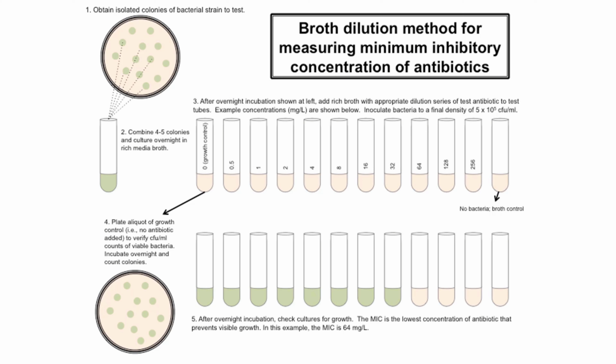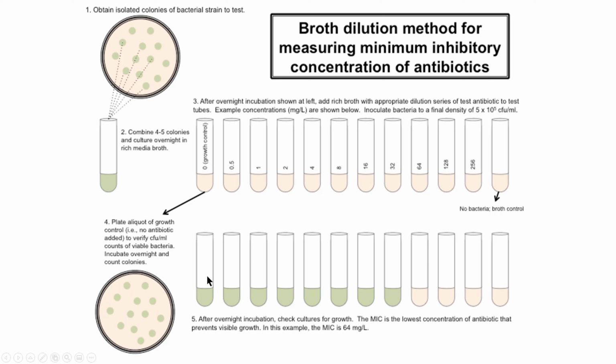Now these are sterile, so there are no bacteria in them, and what we do is put the antibiotic of choice that we are trying to test in these test tubes, and we increase the concentration of antibiotic in each test tube, doubling the dilution. Essentially one of them will not have any antibiotic, so the concentration would be 0, and then we double the concentration in each test tube, and then we inoculate these test tubes with the organism that we are trying to test, and we let it grow.